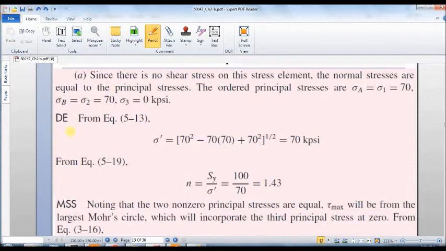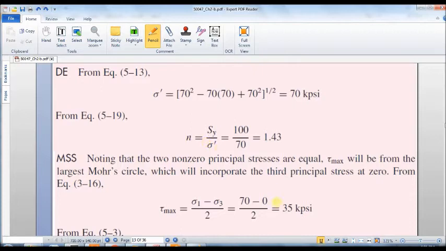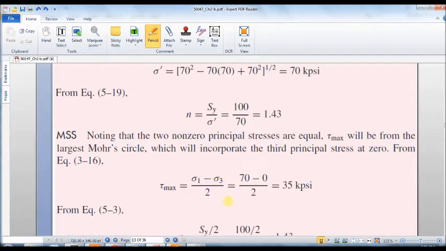As you saw, we have two positive principal stresses. In this case, as I told you, the third stress is 0, right?